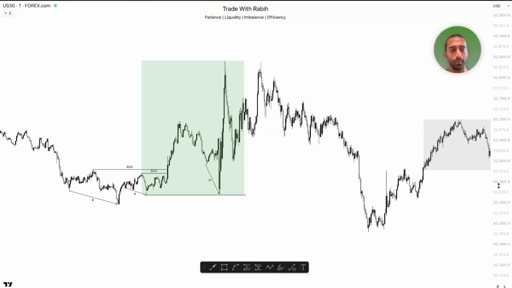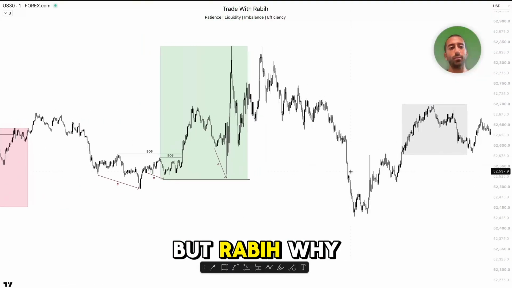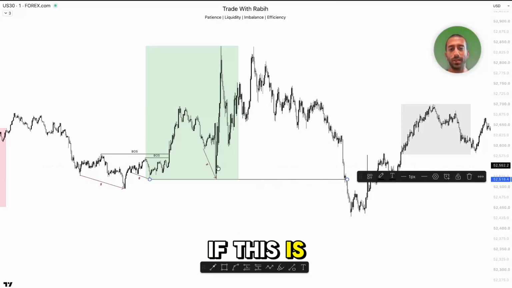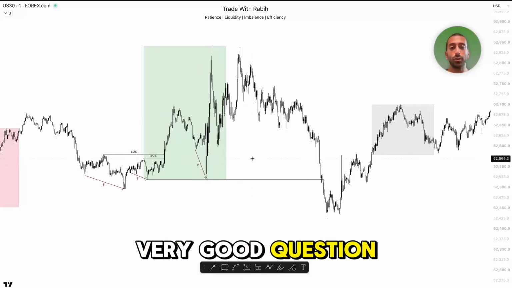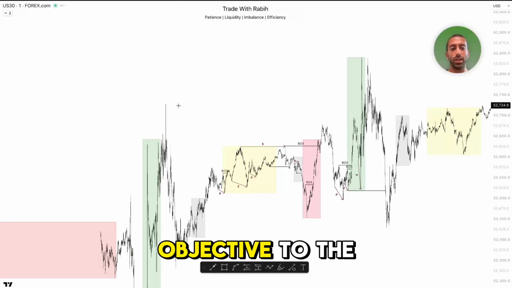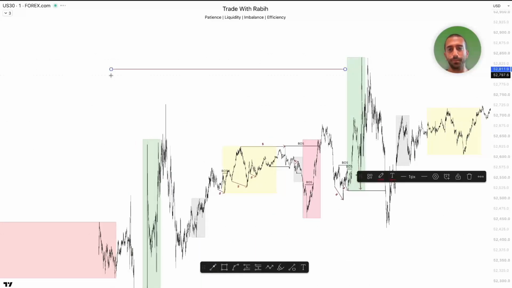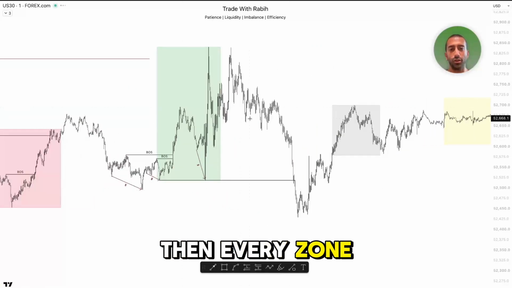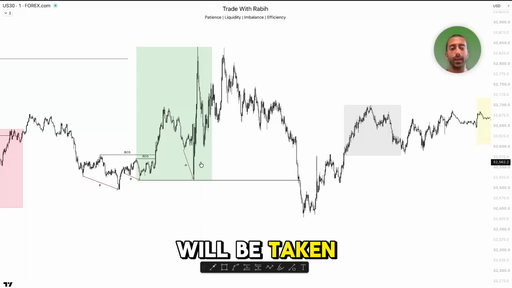Okay? Now, you're going to ask me, but Rabi, why did price break past this low if this is a valid break of structure? Very good question. And as I told you before, if price takes objective to the left, then every zone will be taken. Okay?